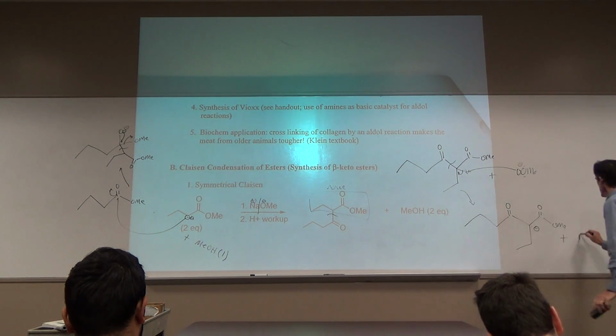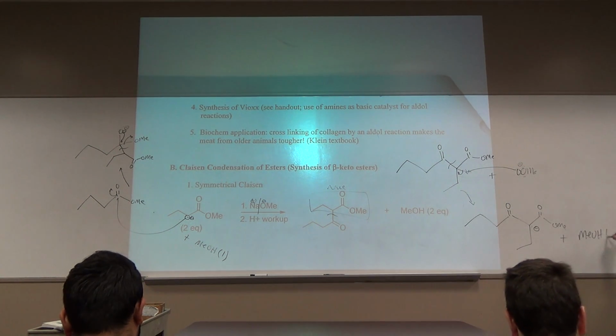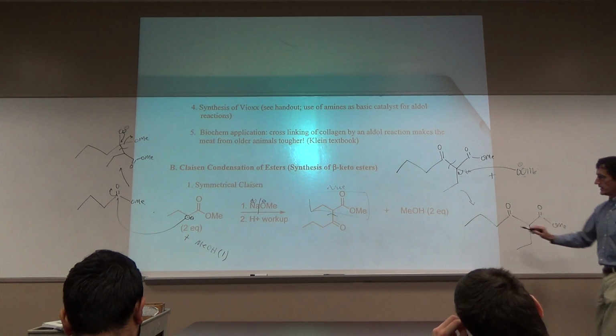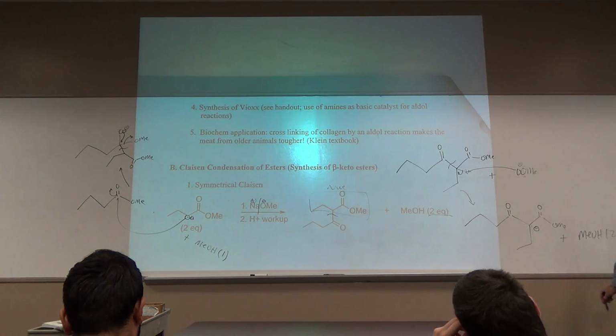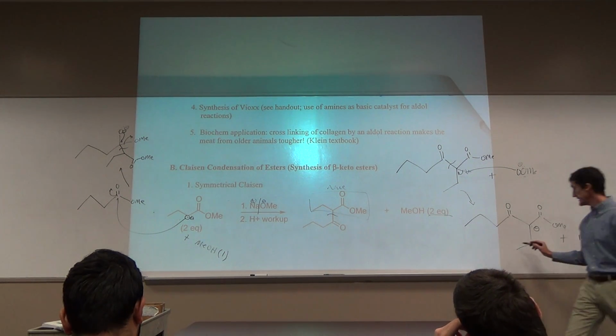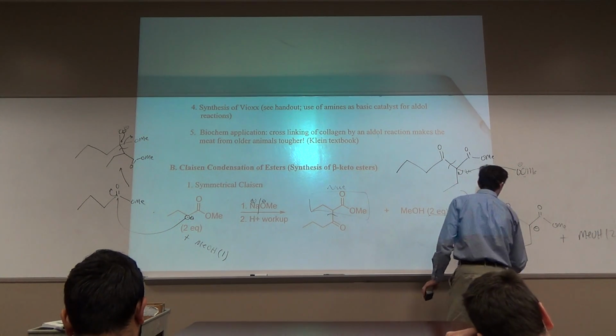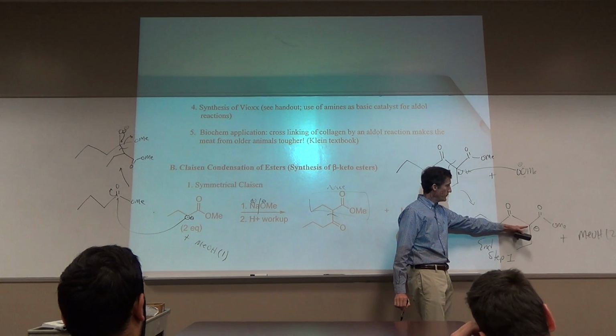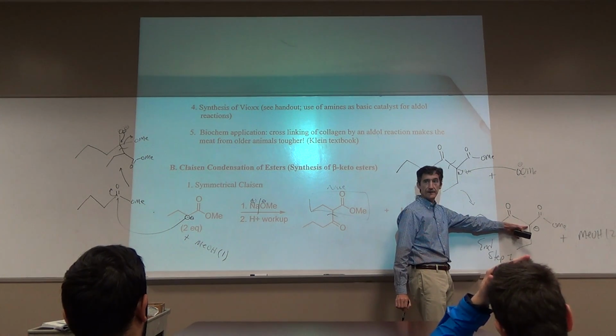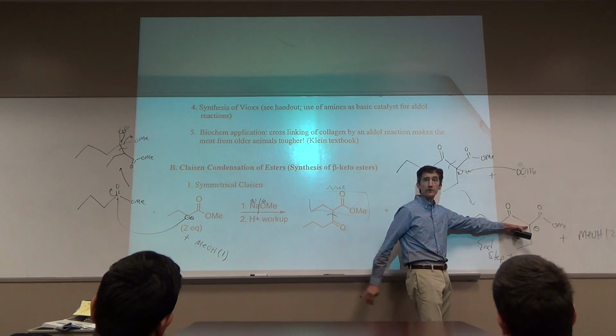That plus methanol. And that's our second methanol that we made. We make two. This is in step one. And then H. That's in step one. What is going to put the H back on before we go to step two?